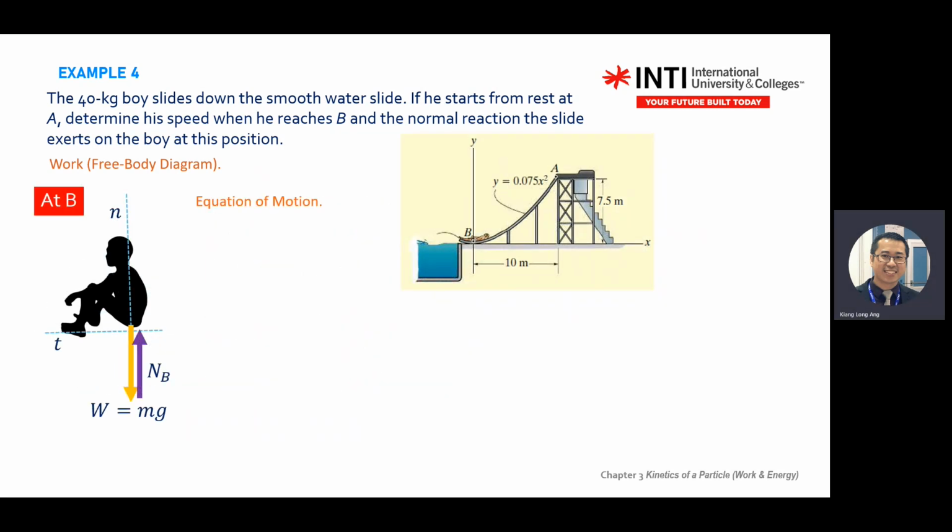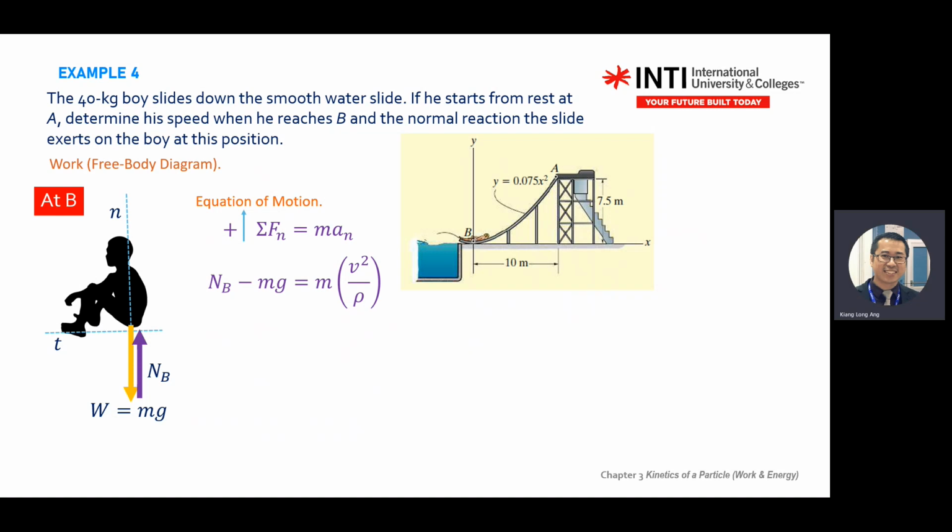Then at B, we use the equation of motion in the normal direction because the force only has a normal component. Tangent, we don't have any force. So F equals ma in the normal direction: NB minus mg equals m times the normal acceleration, v squared over rho.